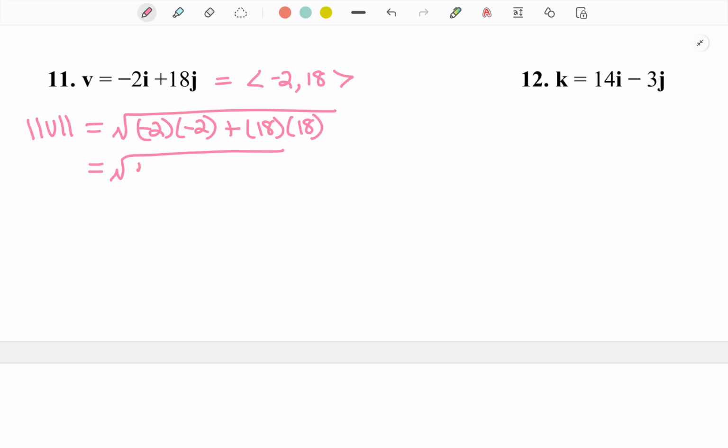And so this gives us 4 plus, and then 18 times 18 is 324. That equals the square root of 328. And 328 simplifies to 2 square roots of 82.